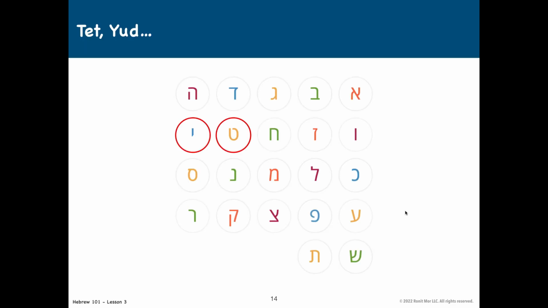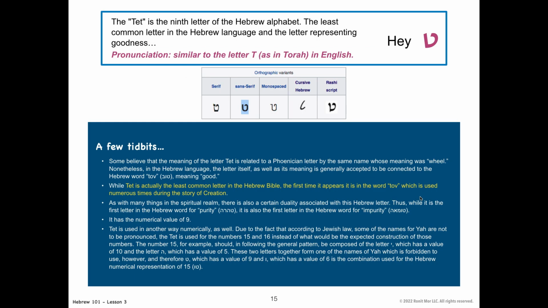We are done with Zayin and Chet, and now we are moving to Tet and Yud. Okay, so Tet. Whew, you can breathe a little bit. The Tet is the 9th letter of the Hebrew alphabet, the least common letter in the Hebrew language, and the letter representing goodness.